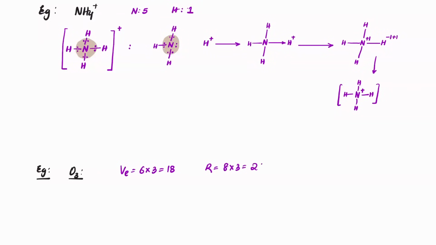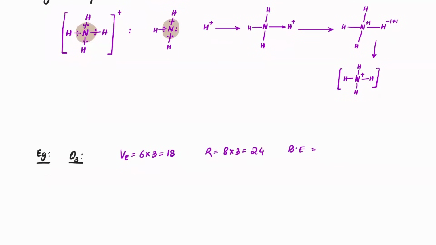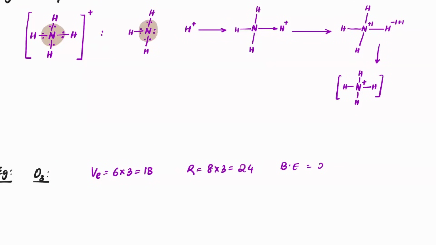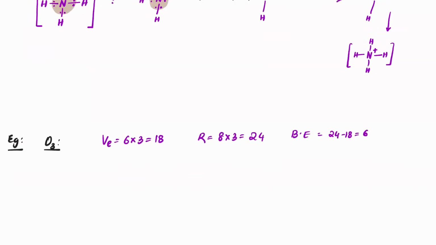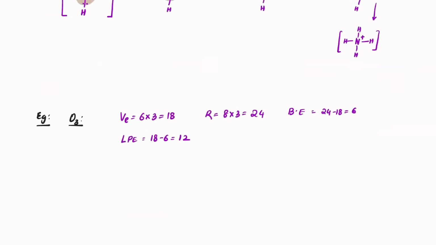So how many bonded electrons must it show? It should be 24 minus 18, which makes it 6. And how many lone pair electrons should we have? It should be 18 minus 6, which is 12. So this is the simple data which we know. Okay, keep working with me, guys.